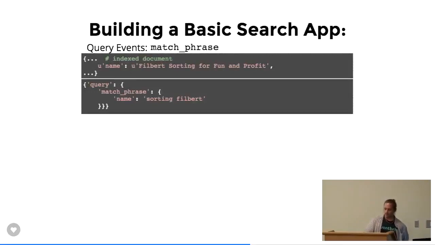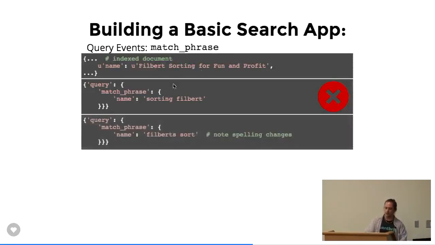Getting more and more complicated because your application has to have a lot of different ideas mixed together. You can do phrase matching. So not only do we have the notion of matching documents that have these terms, but we want a document that has the term sorting and Filbert in it in that order. This is not a match because the original document had Filbert sorting. However, if we search for Filbert's space sort, that is a match despite the fact that it's different from the original document.